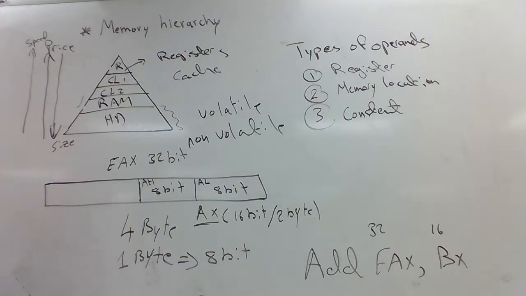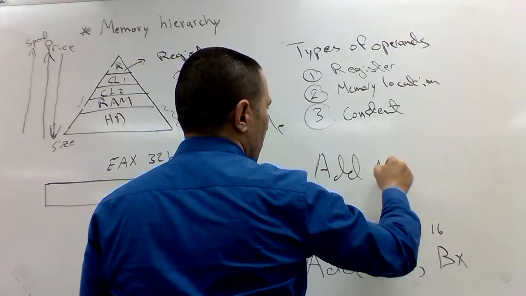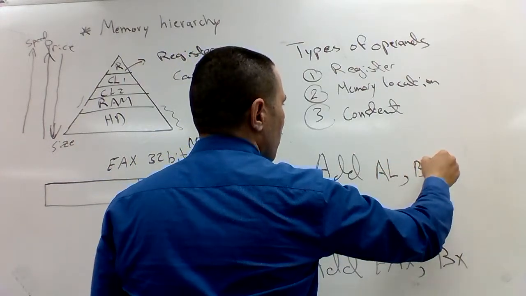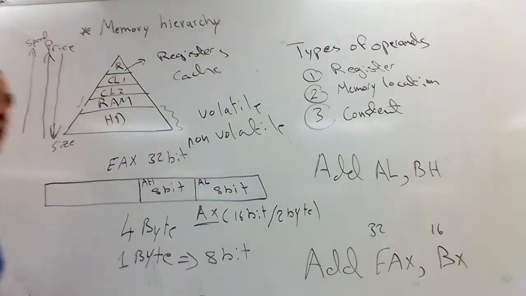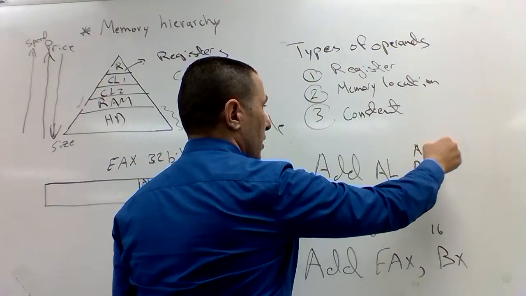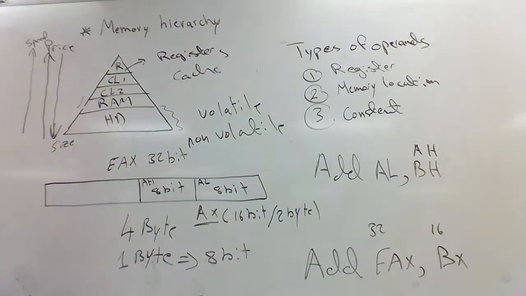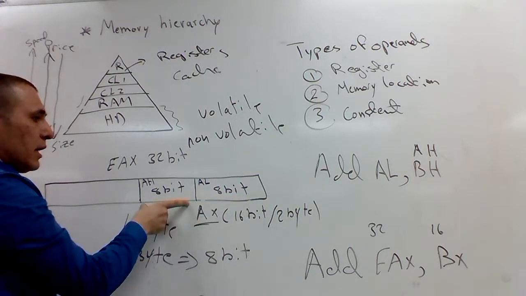So now I can say add AL with BL. This is 8-bit and this is 8-bit. There's no problem with that. You can even say AH. We can use both of them. Low 8-bit, that's why they call them AL, and A high.